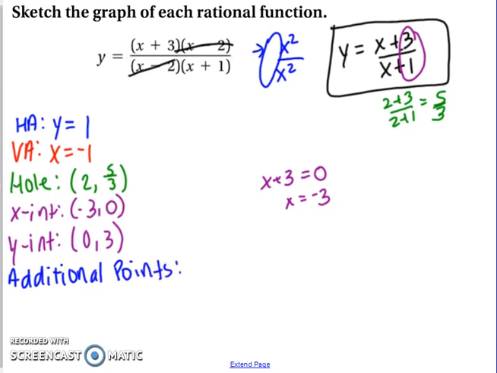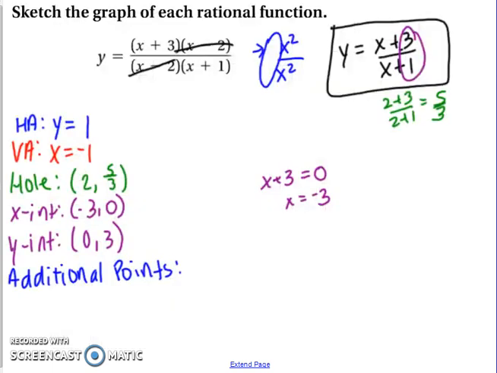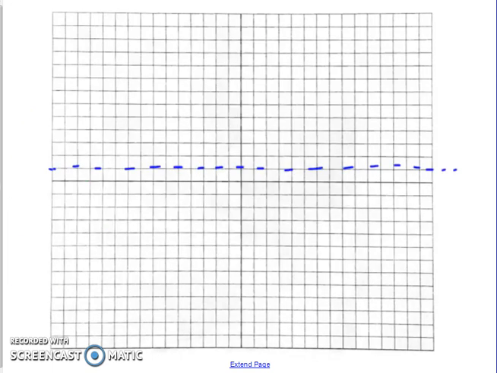Okay, so once I have steps 1 through 5, I'm going to start to graph it. I have a horizontal asymptote at y equals 1, so at y equals 1, I have a dotted line. At x equals negative 1, I have a vertical asymptote. There's only one vertical asymptote here, so it's not going to have that parabola piece like that previous example.